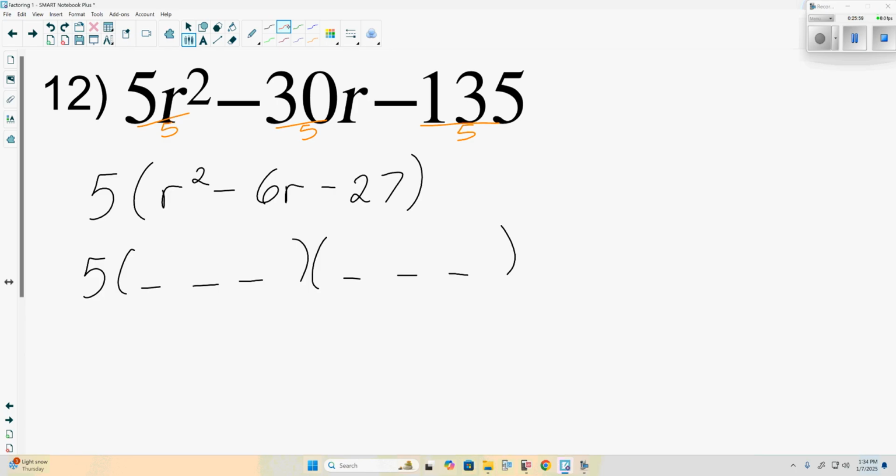All right, guys. Let's find the sign for this here. Third term is what? Negative. Since the third term is negative, the signs are opposite. Factors of the first and third term. Factors of r squared are r and r.